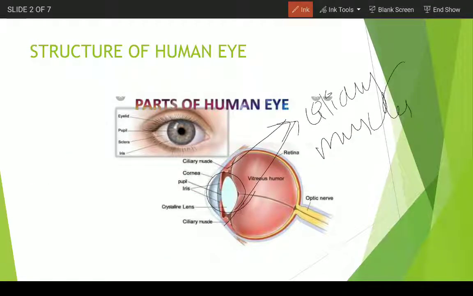So here, this is the cornea and this is the lens. This portion is known as the aqueous humor, simply denoted by AH.